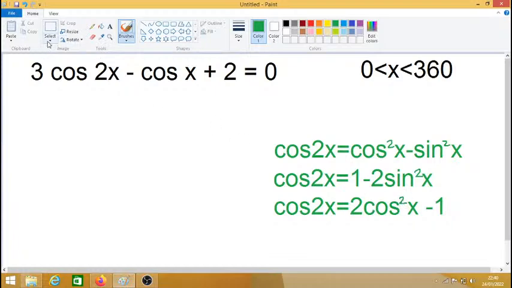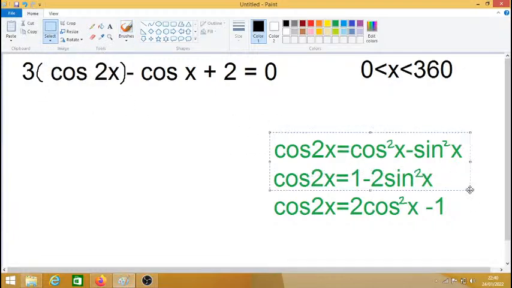So let's take the 3 a little bit to the front. Let's put brackets around the cos 2x. And then what we can do is swap the whole of the cos 2x with the whole of this 2 cos squared x minus 1.